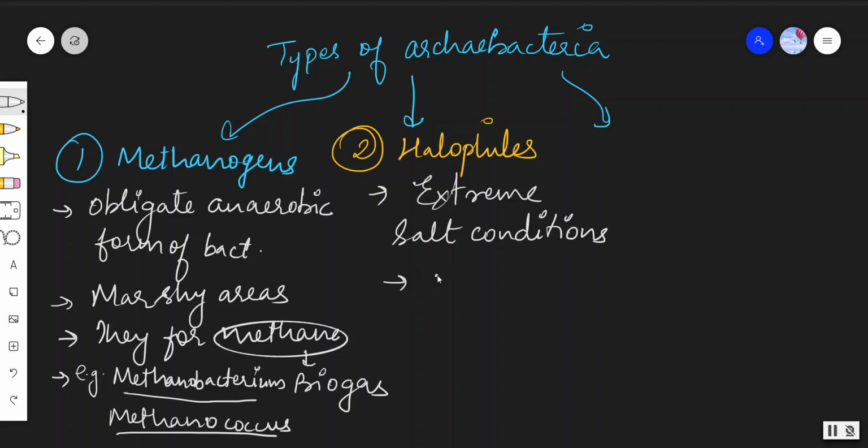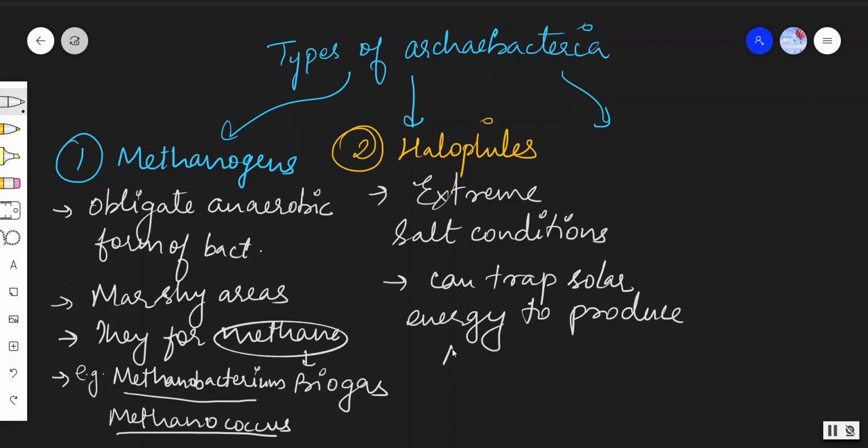And they can trap solar energy, for what? To produce ATP. Clear? So an example of halophiles is Halobacterium.